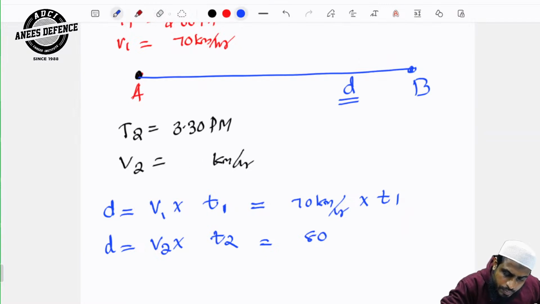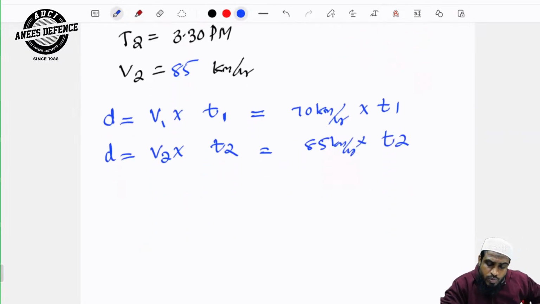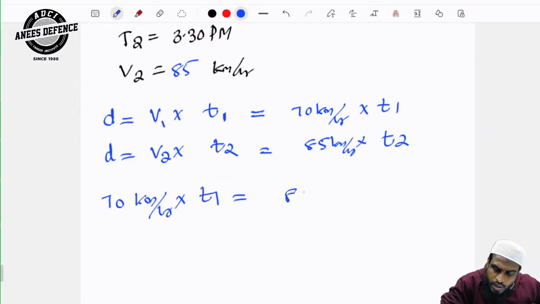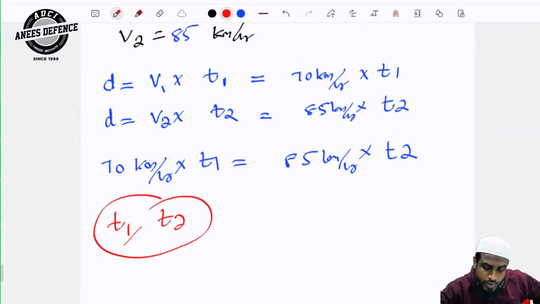So 85 kilometer per hour into t2. Both are the same because if we want them to meet each other, the distance traveled by both trains should be equal. So this can be equated: 70 kilometer per hour into t1 is equal to 85 kilometer per hour into t2. But what is the relation between t1 and t2? Very important. What is the relation between t1 and t2?